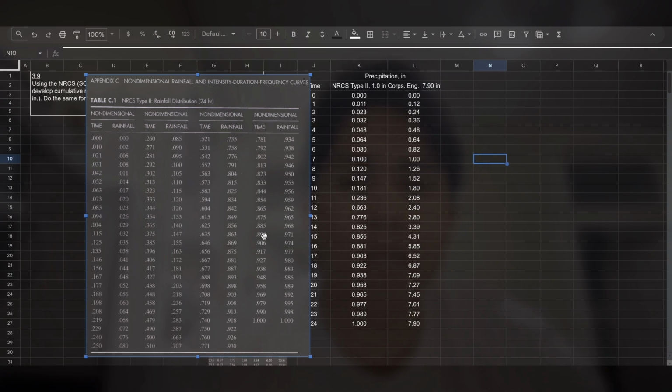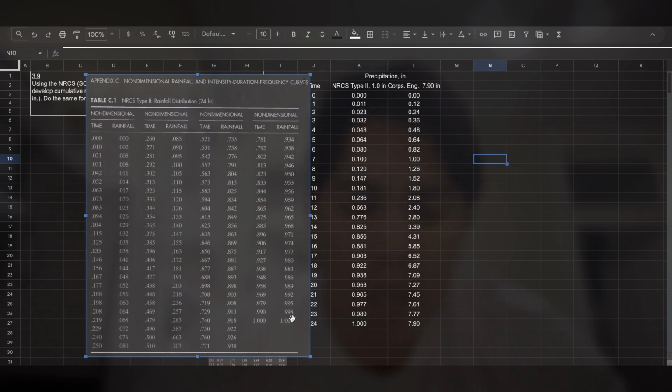So if you have, let's say, a storm where at the end of the storm it accumulated 8 inches, you can just multiply those 8 inches times every single one of these values, and it's gonna give you the storm distribution.